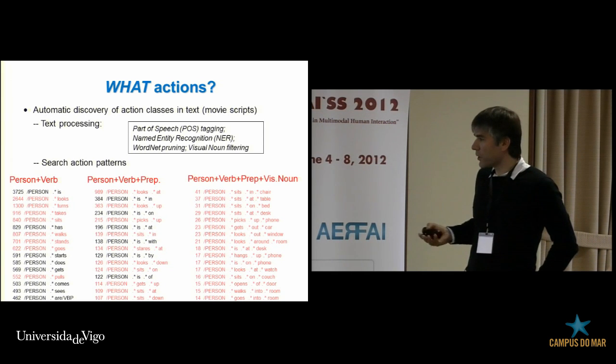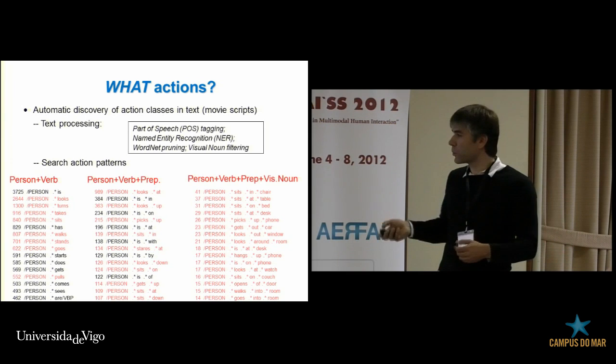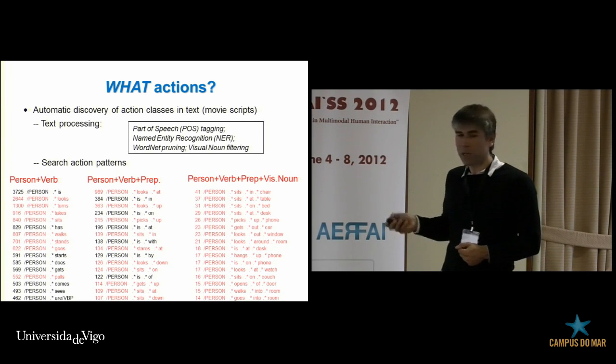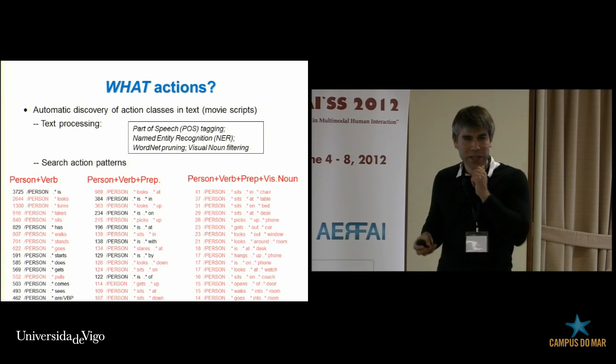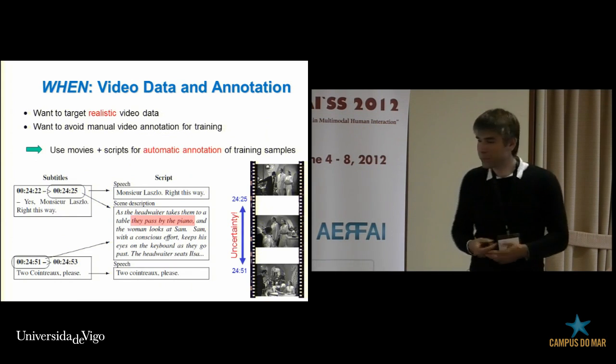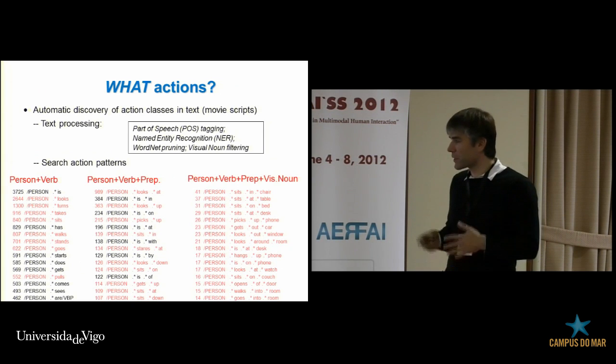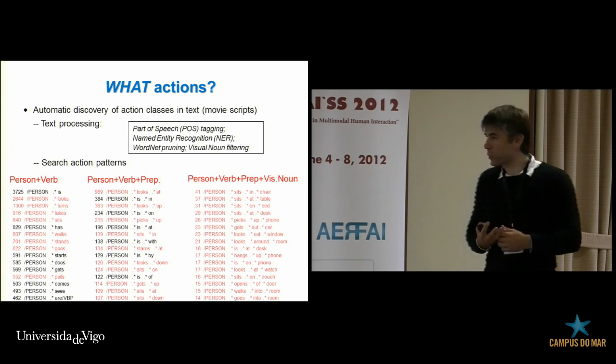The problem with this approach would be the evaluation, because even if you could train the system completely automatically on lots of different classes, it would still be hard to evaluate, because for the test we need manual annotation. So this work was finally still on very few, actually two action classes, which were open door and sit down.